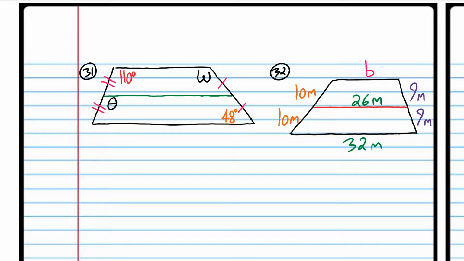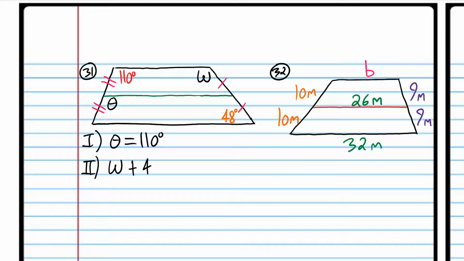All right, we're back. This is bottom right, this is bottom right. So theta is just going to be 110. Again, that's based on the transversal postulates. Now these two are consecutive interior angles, so that's the first theorem we learned for trapezoids. I think it was the first theorem.